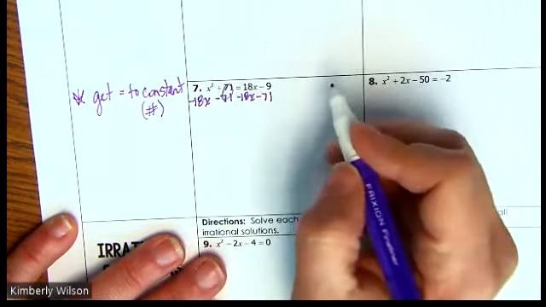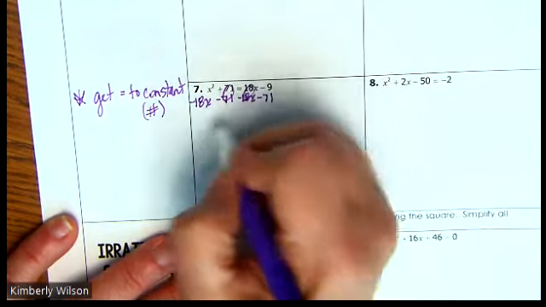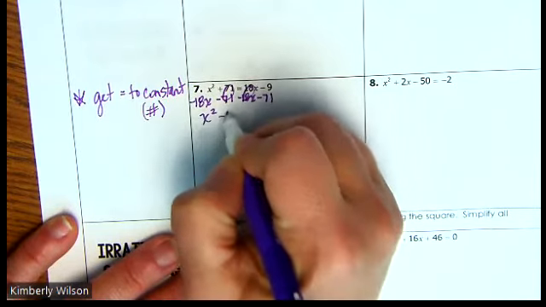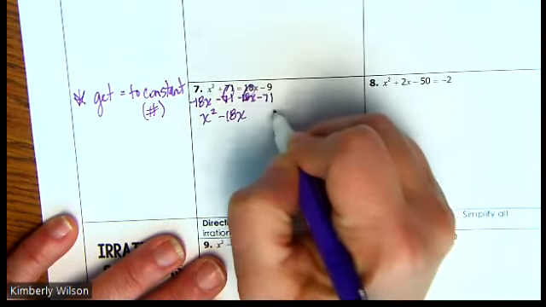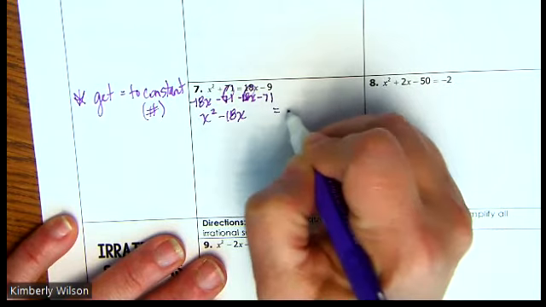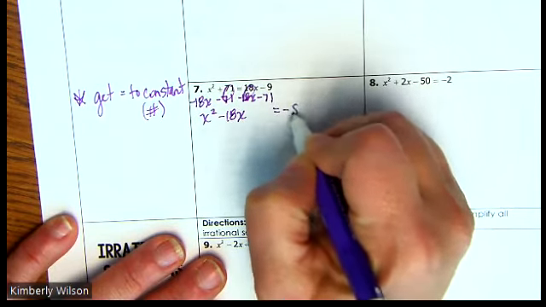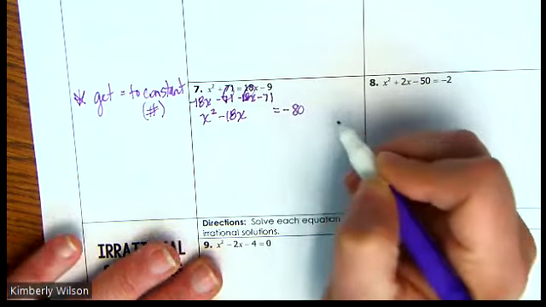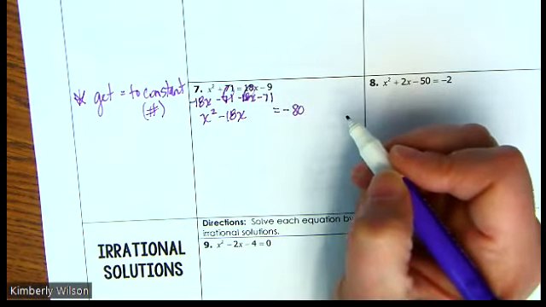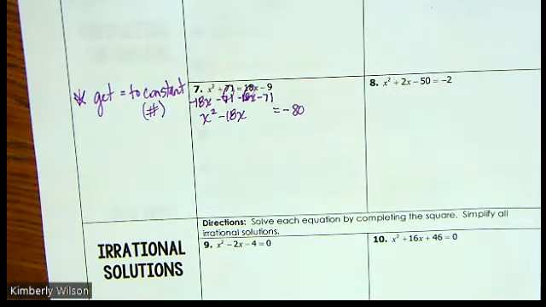So this cancels out, and this cancels out. So I now have x squared minus 18x equals negative 80. Next step, completing the square.